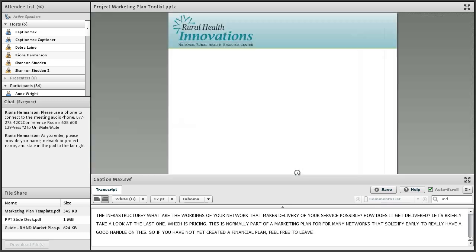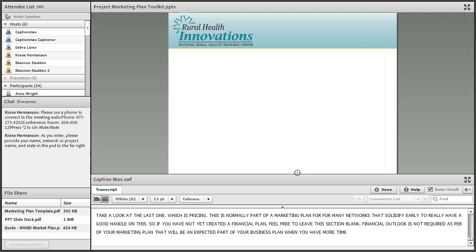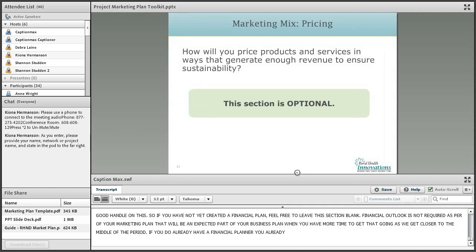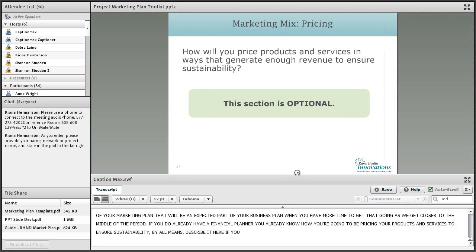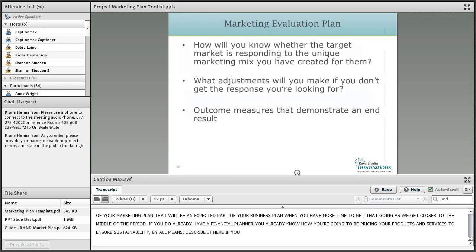Let's briefly take a look at the last P, which is pricing. This is normally part of a marketing plan, but for many networks it's a little bit early in the 3-year grant period to really have a good handle on this. So if you have not yet created a financial plan, feel free to leave this section blank.